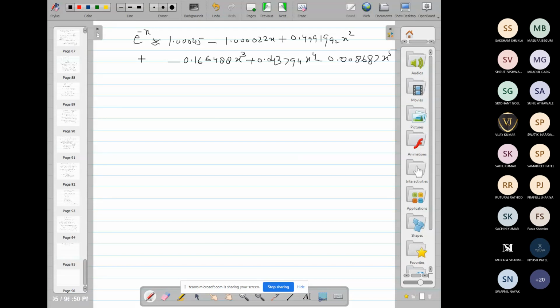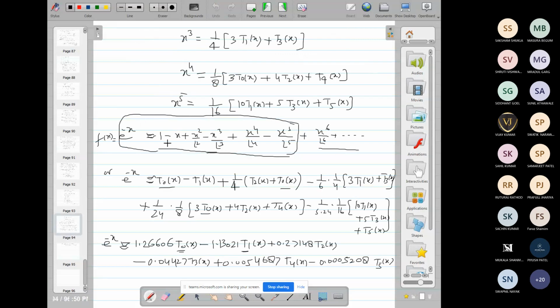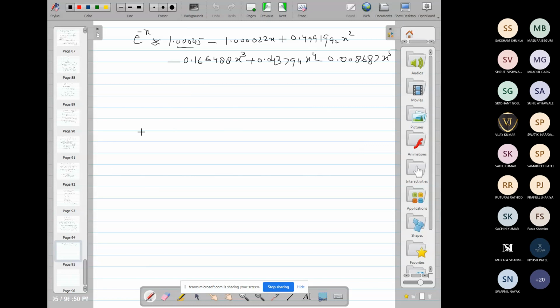So you see here the maximum error, if we consider only up to x to power 5, is this maximum error, because if you compare it with 1 minus x, so 1 is 1 point this, here the error is 0.00045 in the first term, and here the error is 0.004022, so less than this.